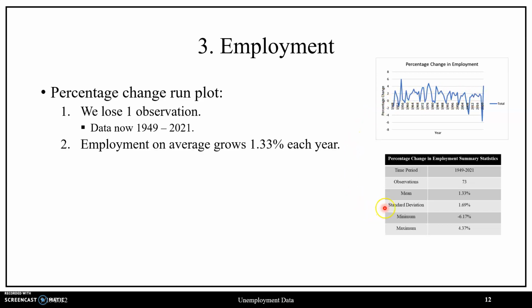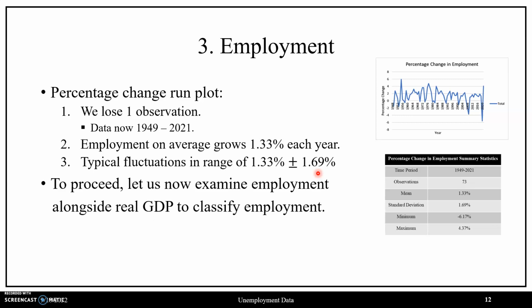With a standard deviation of 1.69%, we can account for most of these fluctuations being in the range of 1.33% plus or minus 1.69 percentage points, or that on average, the active labor resources in the United States are growing at a rate of 1.33%, give or take 1.69 percentage points.